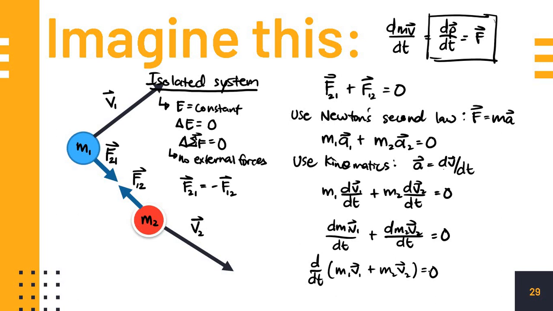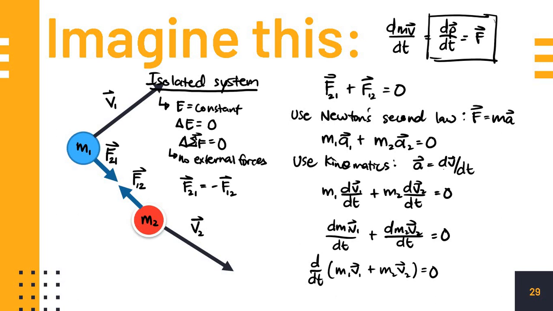This equation would be very much needed within our discussion of conservation of momentum. Again, if we get the sum of the products of mass and velocity of the particles with respect to time, that would be equal to 0. And this only happens when the particles are located in an isolated system.